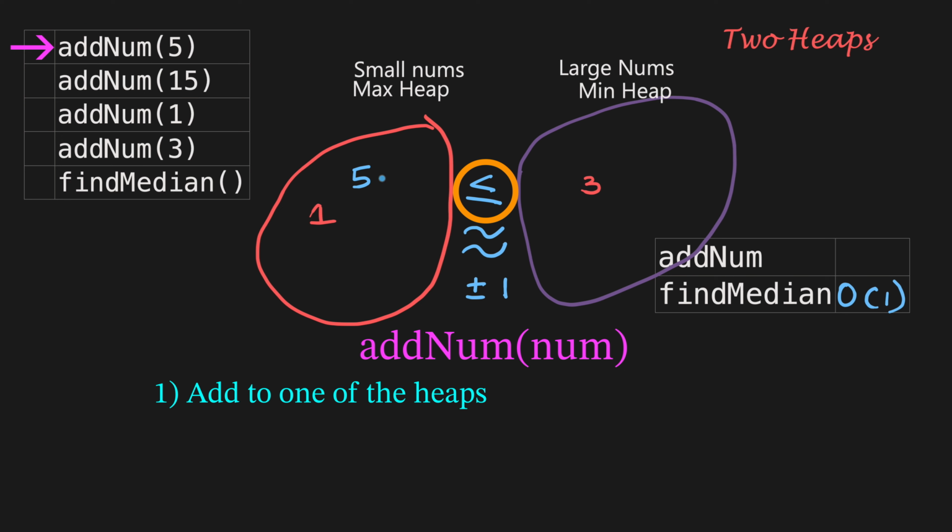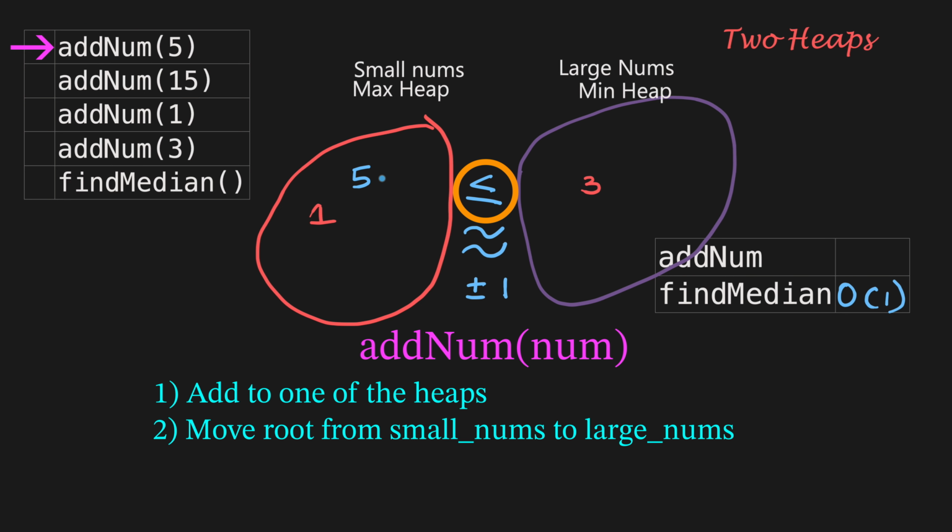To correct this, after adding to small nums, we immediately move its largest element, that is, the root, to large nums heap. So, we move root 5 from small nums to large nums. This elegant pass-through ensures the property is always maintained.